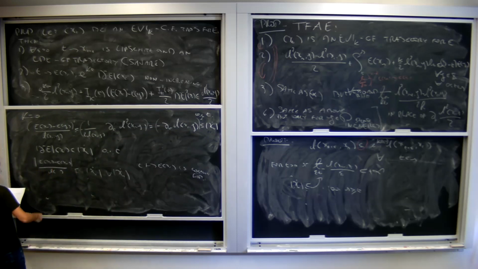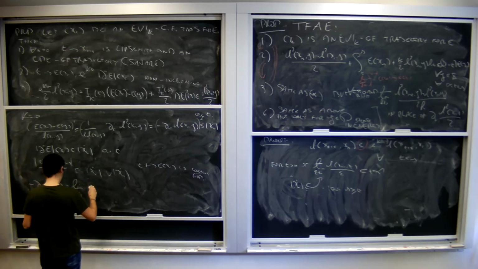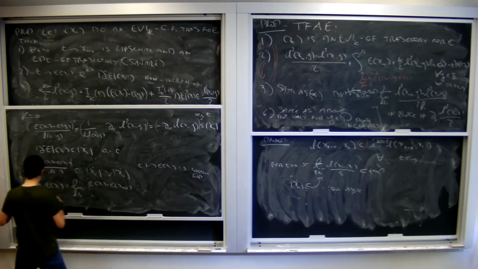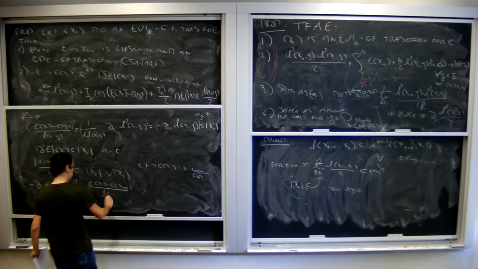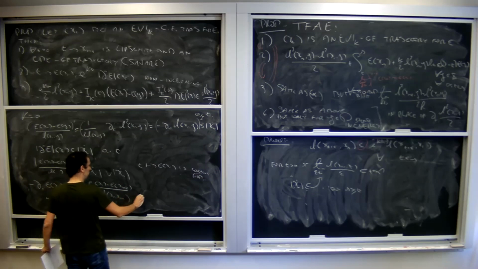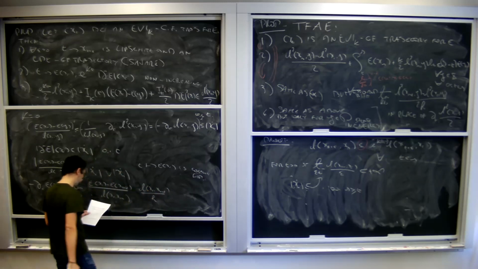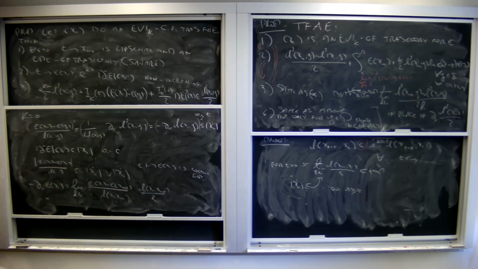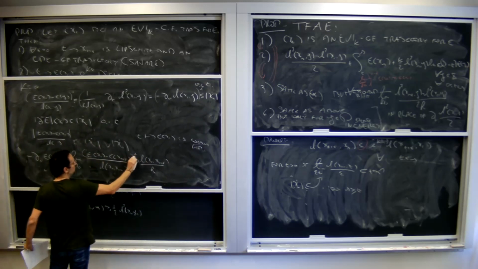So I can compute minus d/dt of the energy of x_t. This derivative is the limit as h goes to 0 of the energy of x_t minus the energy of x_{t+h}, because there is a minus, so the h in some sense goes with the minus sign, and then I divide by the distance between these two. I multiply by the distance between these two, divide by h. Well, then, of course, this is less or equal; let me take here the positive part.